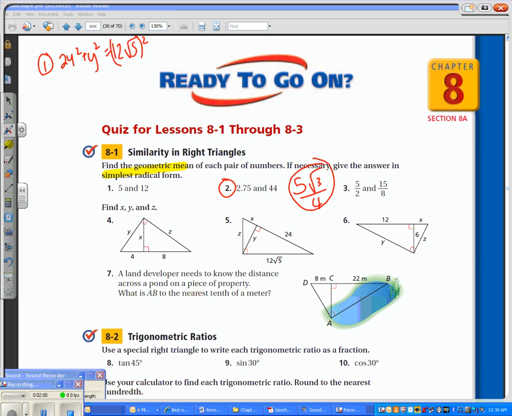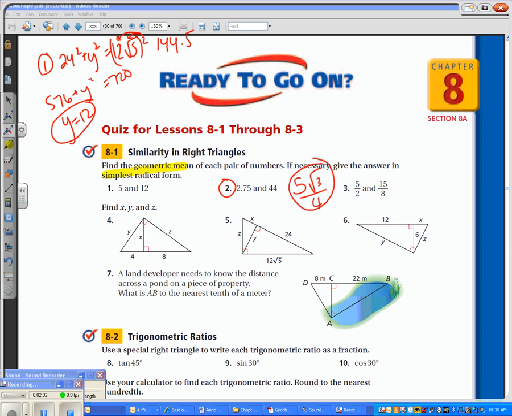Okay, so 24 squared is 576, and 12 squared is 144, radical 5 squared is 5, so 144 times 5 is going to be 720. And then you subtract, and then you square root, and you should get y equals 12.